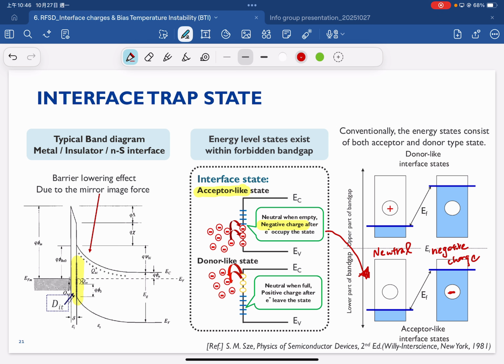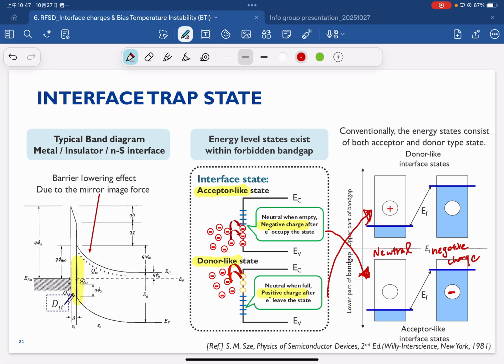On the other hand, we have another one called the donor-like state. A donor-like state is neutral when full, but has a positive charge once the electron leaves the state, which is this one.